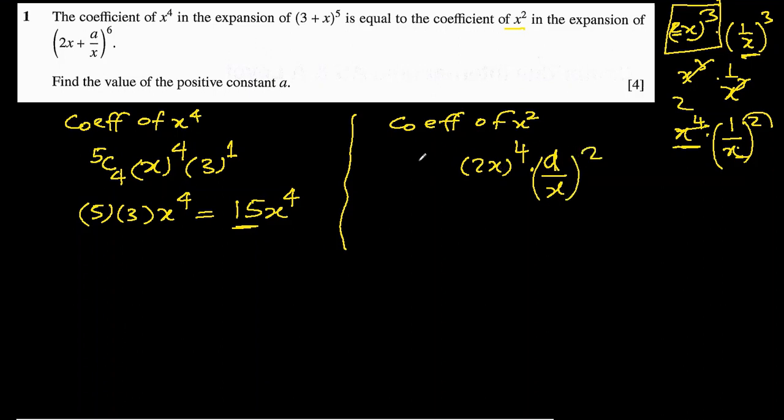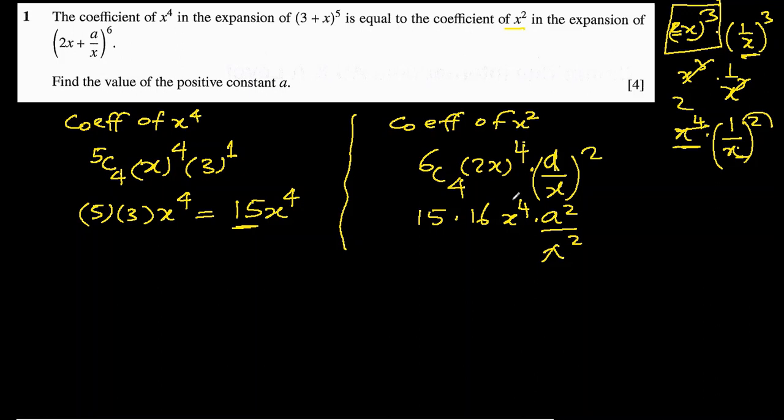And then we write nCr, where n is 6 and r is 4. Okay. So now 6C4 is 15, 2 to the power 4 is 16, and x to the power 4, then a square over x square.